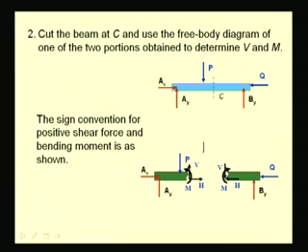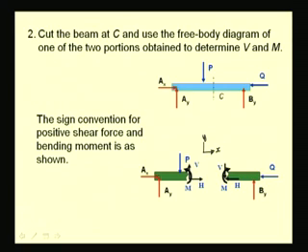If we designate these local coordinates x, y and z perpendicular to the plane of paper, the moment M, which is the counterclockwise moment, is taken as the positive bending moment.